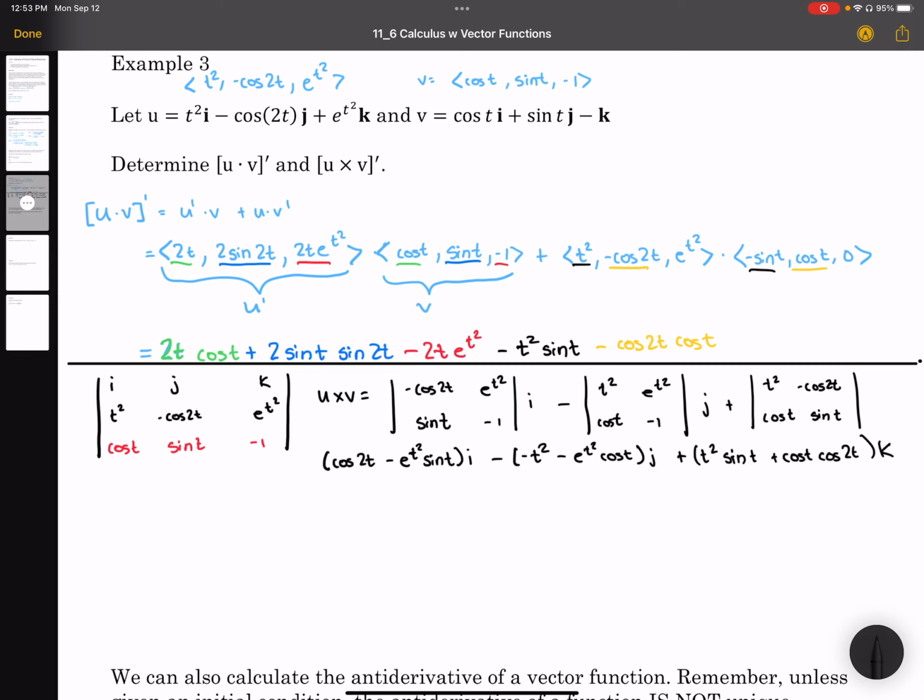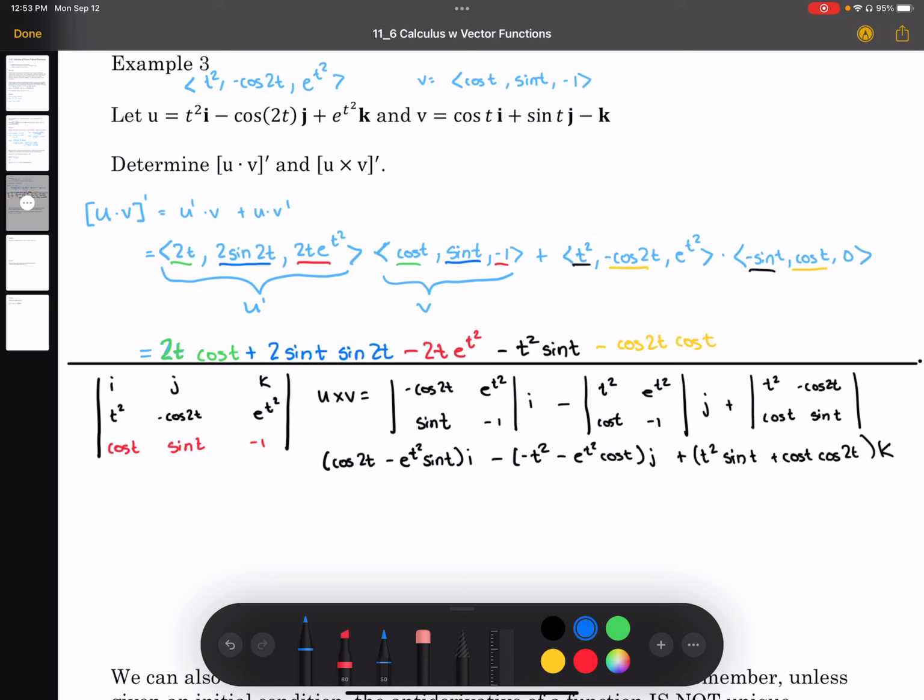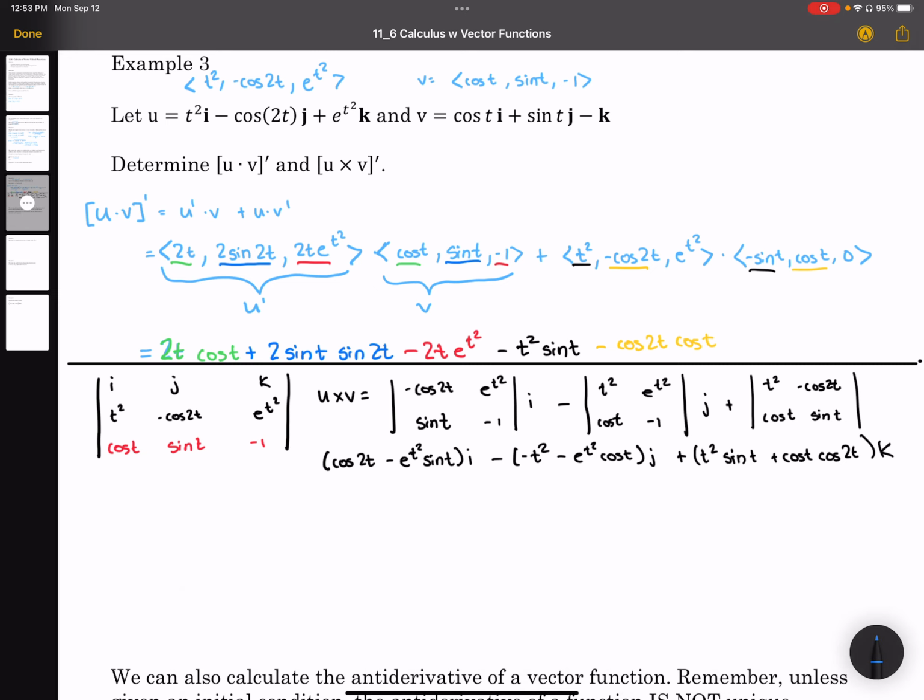And we still have to actually do the derivatives of that. So we'll write that in blue. And it's just calculus. It's just long.